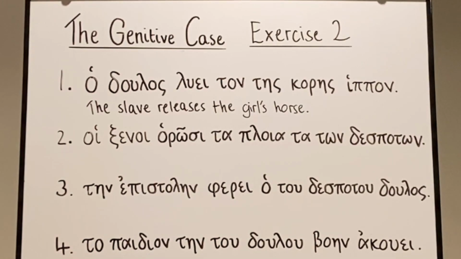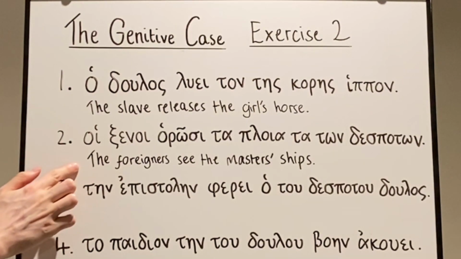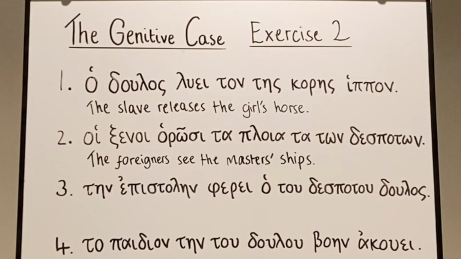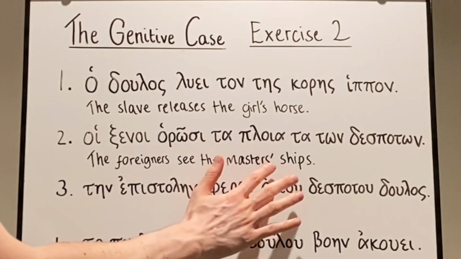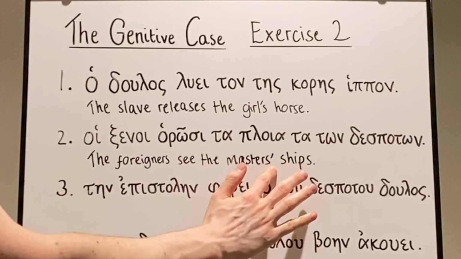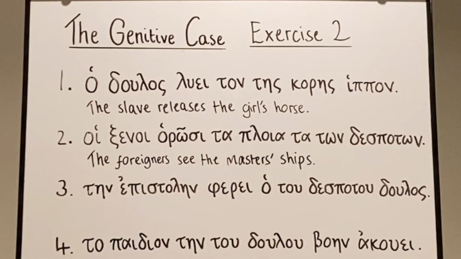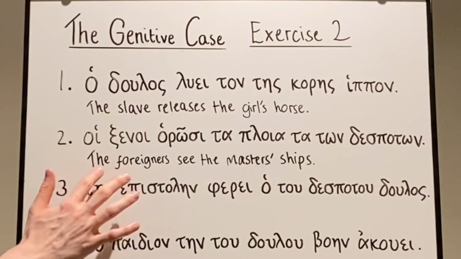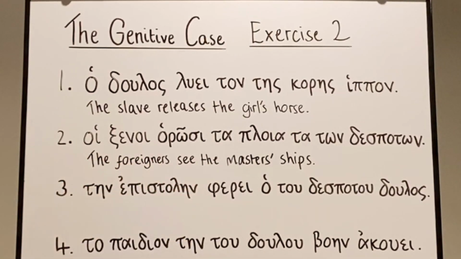And this should have been translated into natural English as the foreigners see the master's ships. And notice that the apostrophe is after the s because it is multiple masters that possess the ships. You could have also had the strangers see the masters' ships, because we know that xenos can mean either foreigner or stranger.